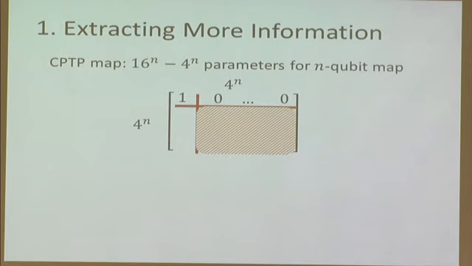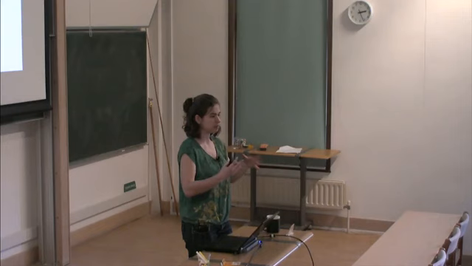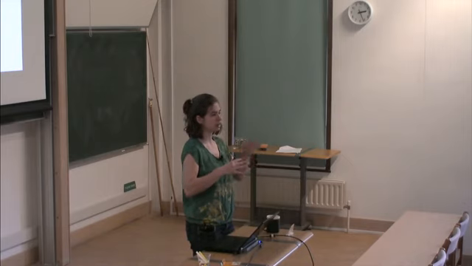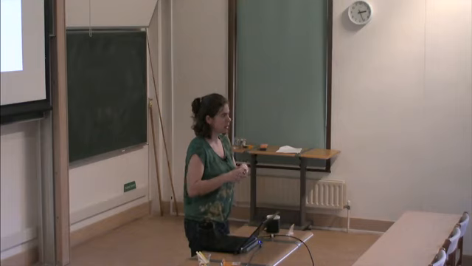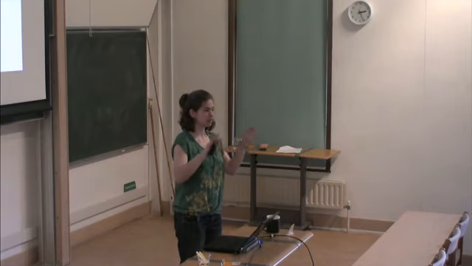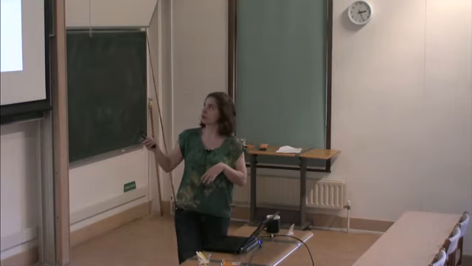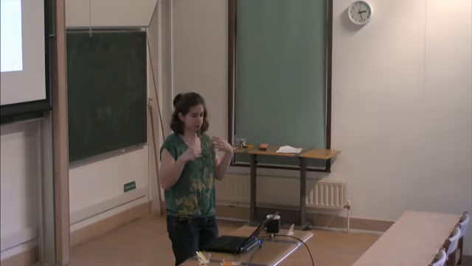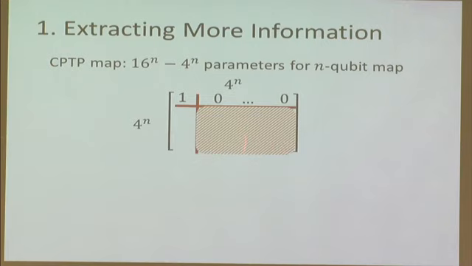If you're familiar with amplitude damping processes, those are the types of processes where your process is actually performing a measurement, or doing some kind of state preparation. Those are the kinds of things that we can't characterize. But anything else, like a unitary process or a depolarizing process, we can pretty much characterize any of those parameters. So we can learn an exponential number of parameters about the process.